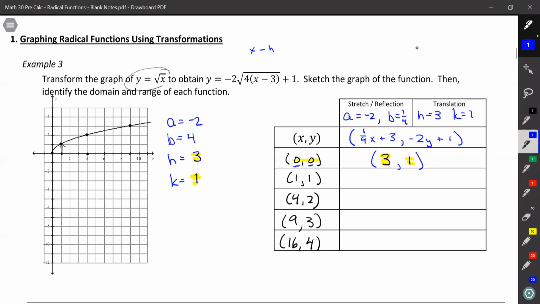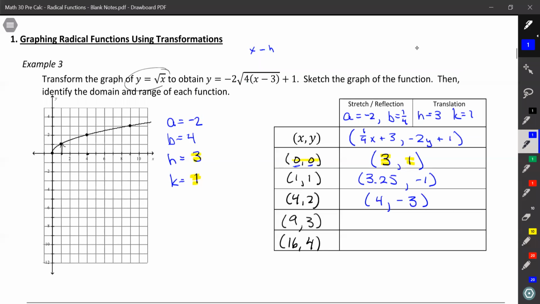Now we'll do the rest. 1/4 times 1 is 1/4 plus 3. That one comes to 3.25. -2 times 1 plus 1 is -1. 1/4 times 4 is 1. 1 plus 3 is 4. -2 times 2 is -4 plus 1 is -3.